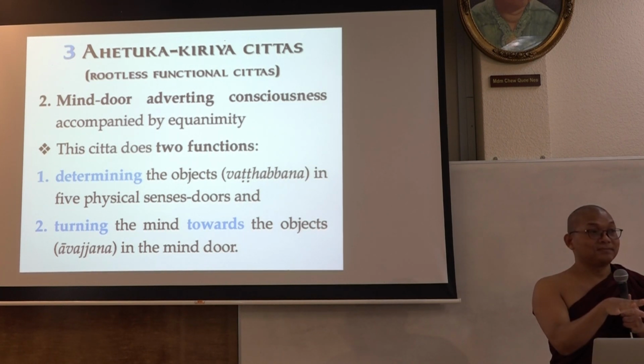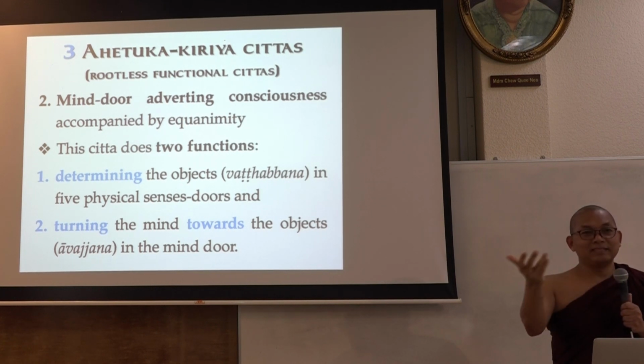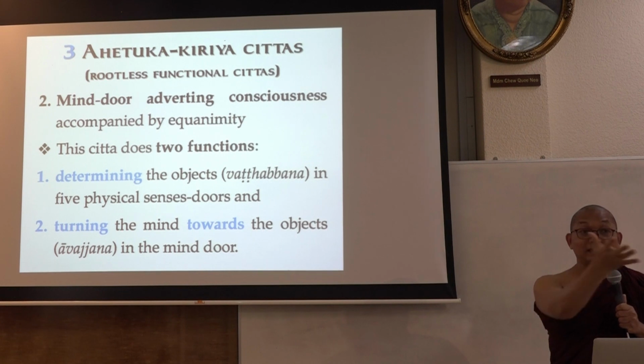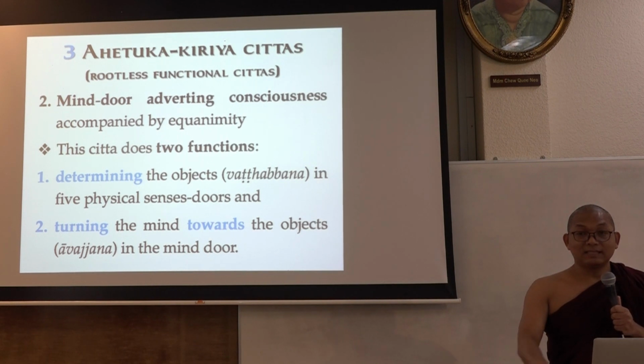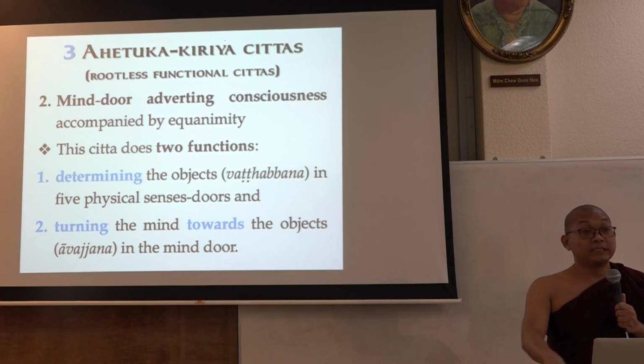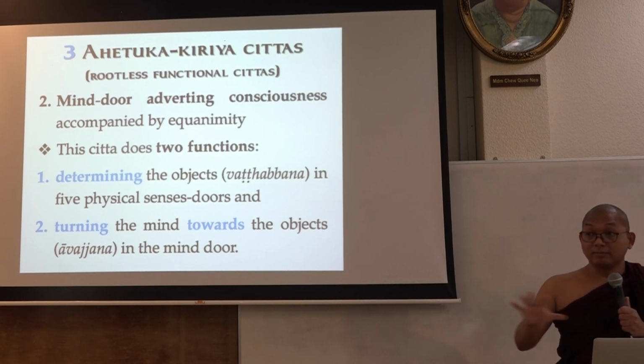Then javana. When you think about your family, you may have anger, you may have greed, or you may have generosity, compassion, etc. These are javana. Then after that, retention or registration, tadarammana. Abhidhamma, like that, mind process.